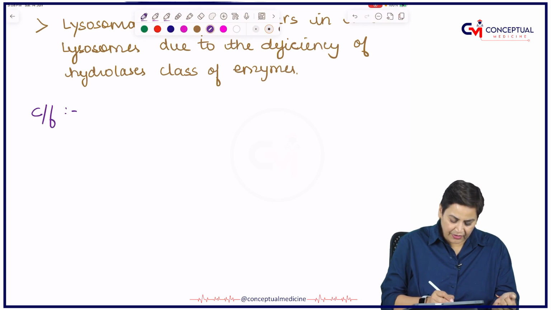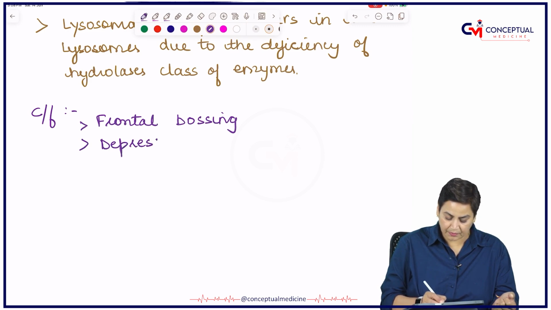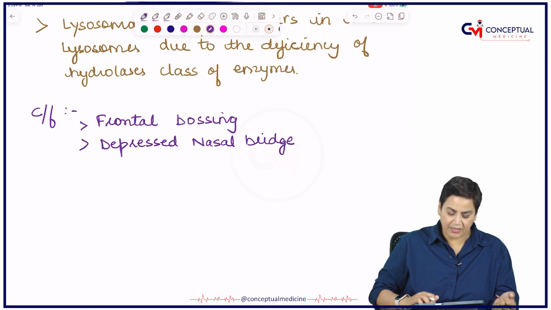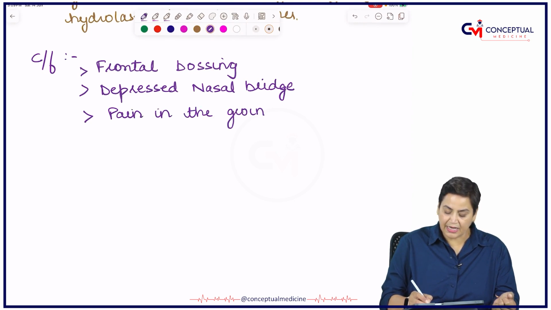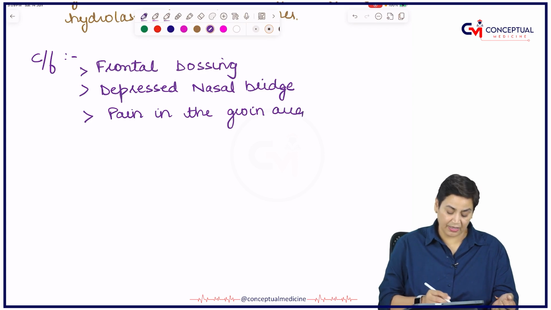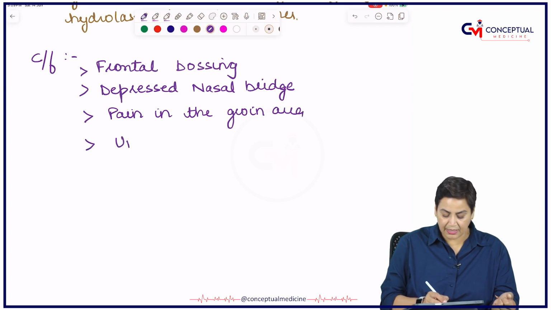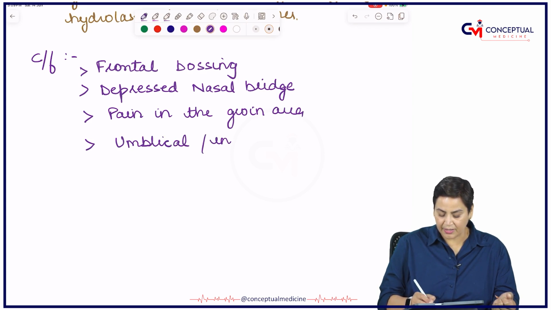Normally, frontal bossing will be there. Then depressed nasal bridge. There will be pain in the groin area, and it will lead to different types of hernias, whether umbilical hernia or inguinal hernia.